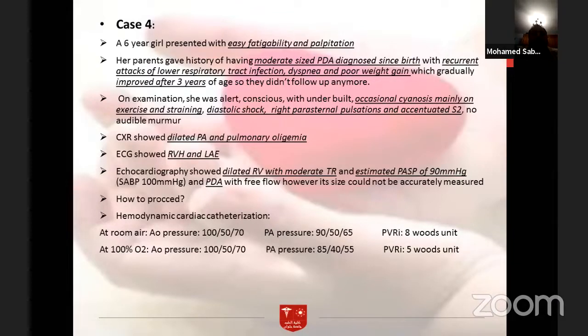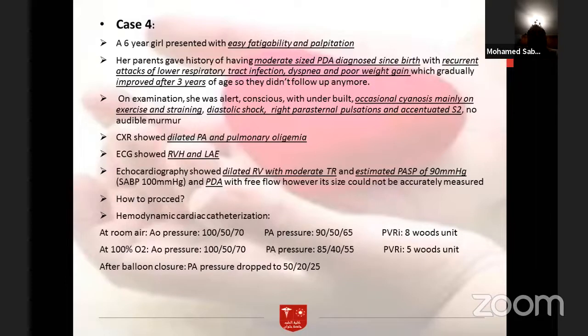But when we give 100% oxygen, fortunately, the mean pulmonary artery pressure dropped to 55 with no effect on the aortic pressure. And of course, we had an improvement in saturations, which gave us a pulmonary vascular resistance of 5 Wood units, which is operable.